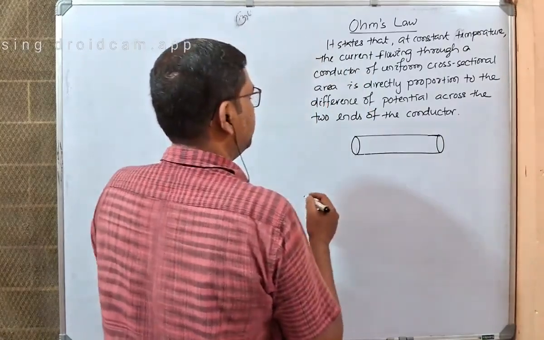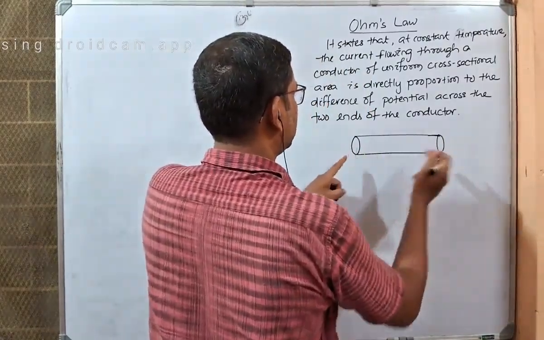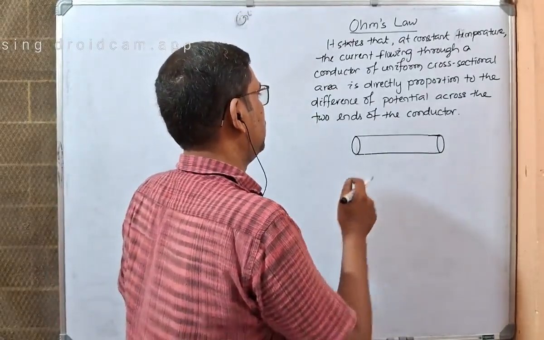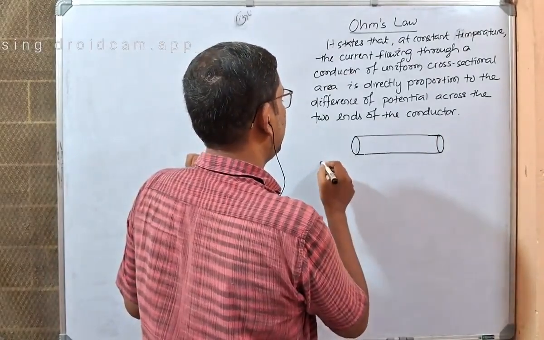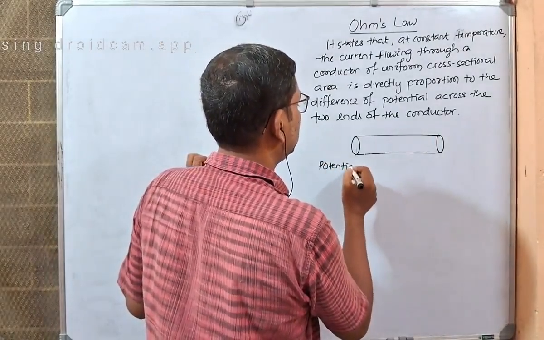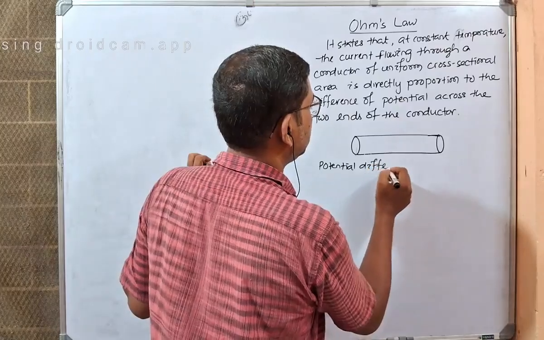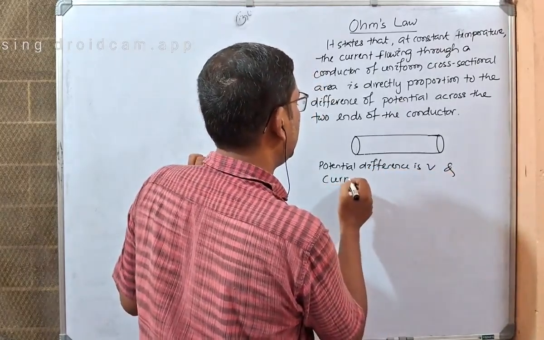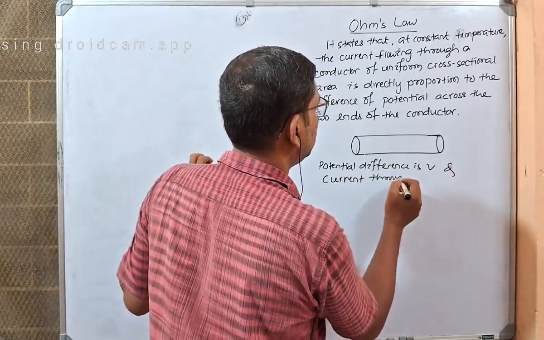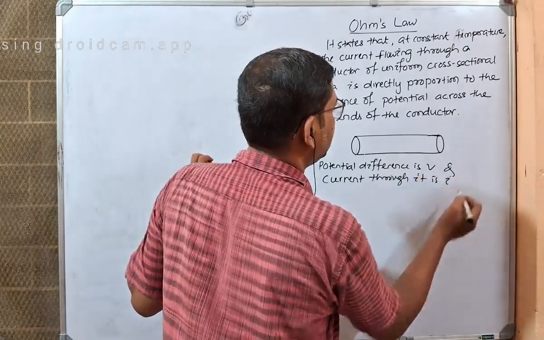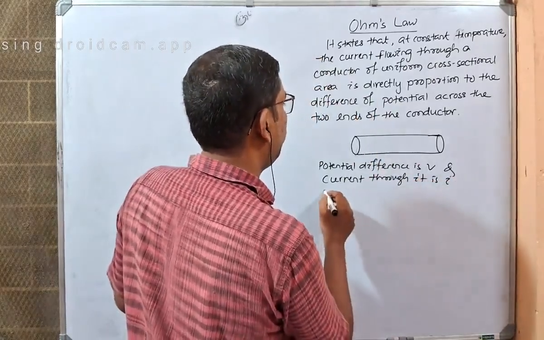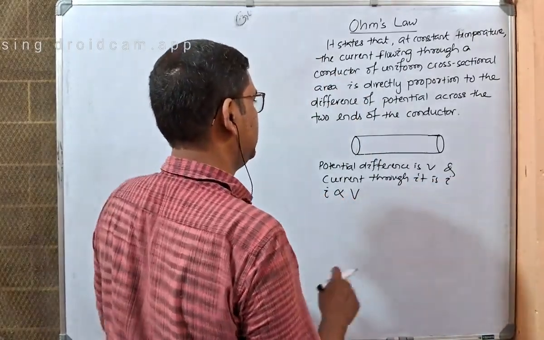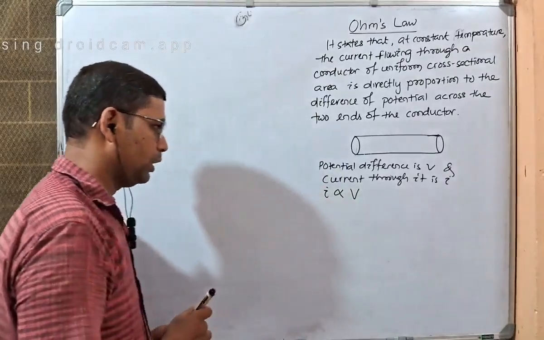If the potential difference across the conductor is V, and current through it is I, then according to Ohm's law, current is proportional to potential difference. Okay, this is simple.